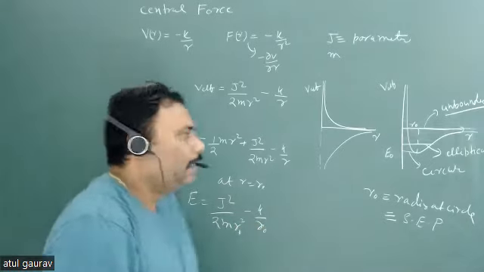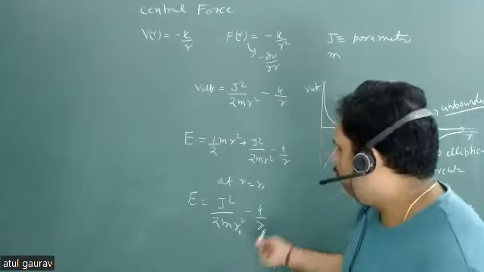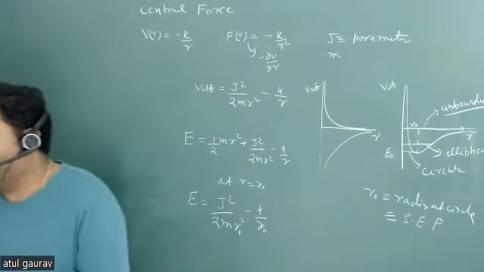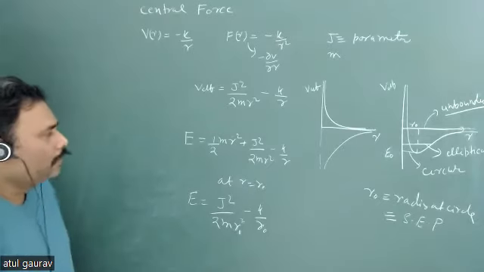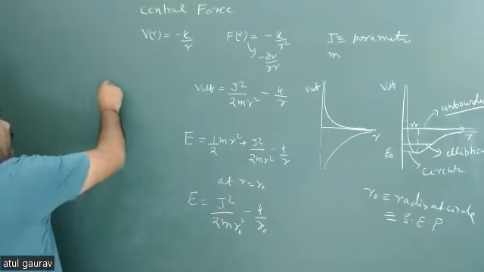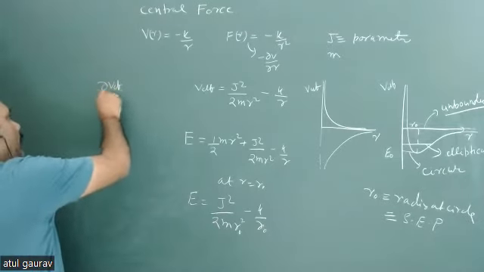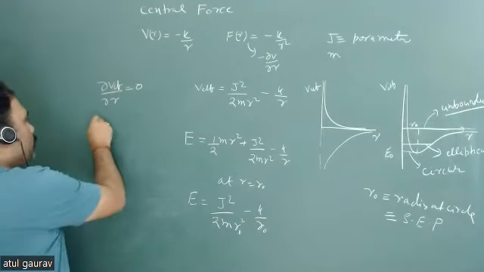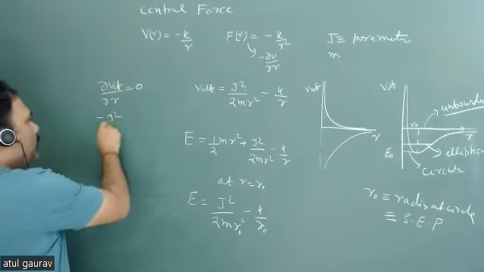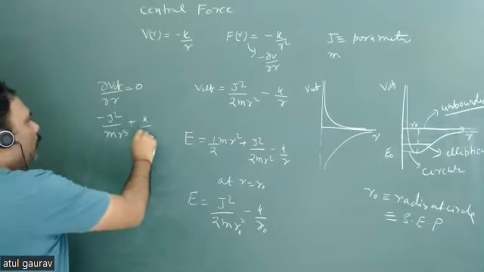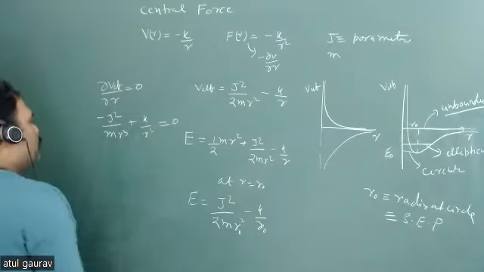The whole challenge is that we have to calculate the value of r naught. So can we calculate the value of r naught? How can you calculate it? del V by del r. Very good. So we will just go for del V effective upon del r must be equal to 0. And from here we have minus j square upon m r cube plus k upon r square must be equal to 0.